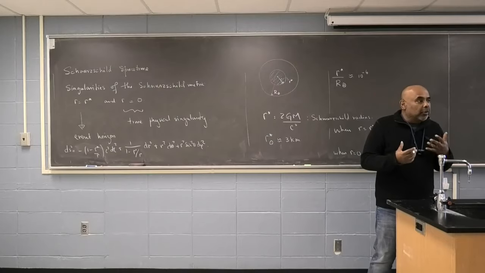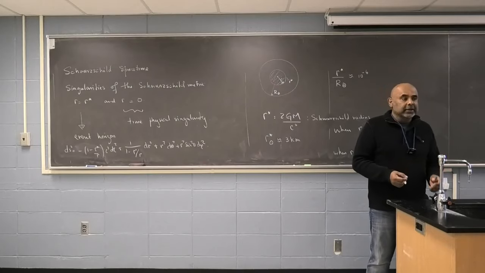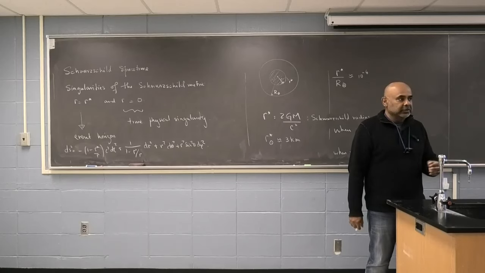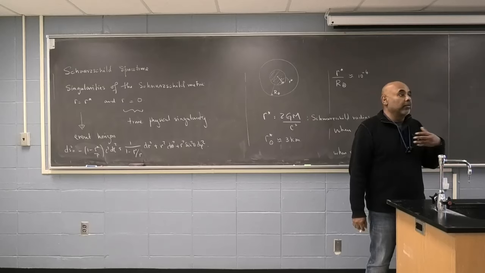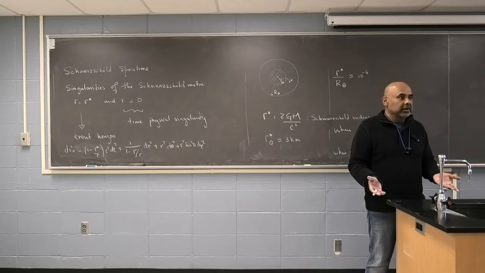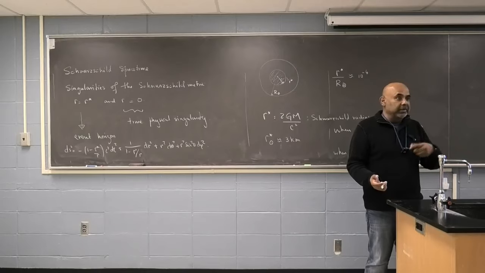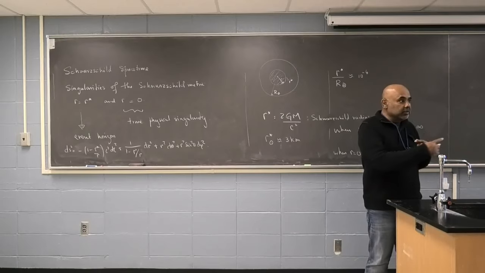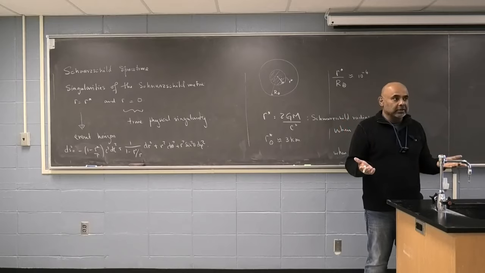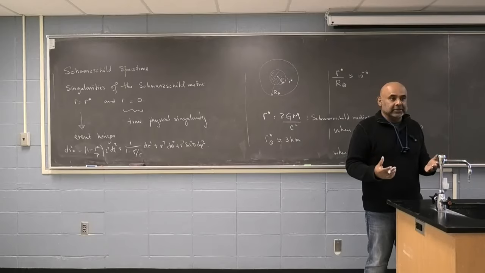One way to probe space-time is to throw rocks at it, maybe beams of light, just to see how it responds. Like you drop a rock at it, all of a sudden you don't see it, something's going on. If you send a beam of light, and all of a sudden the beam of light does this and comes back to you, something's going on. Either way, these are all geodesics.